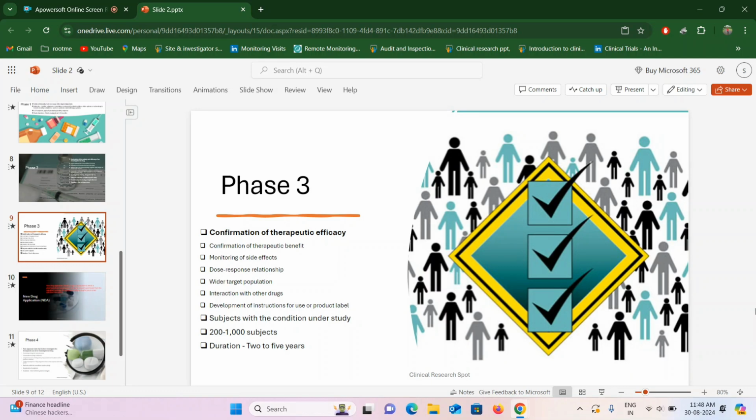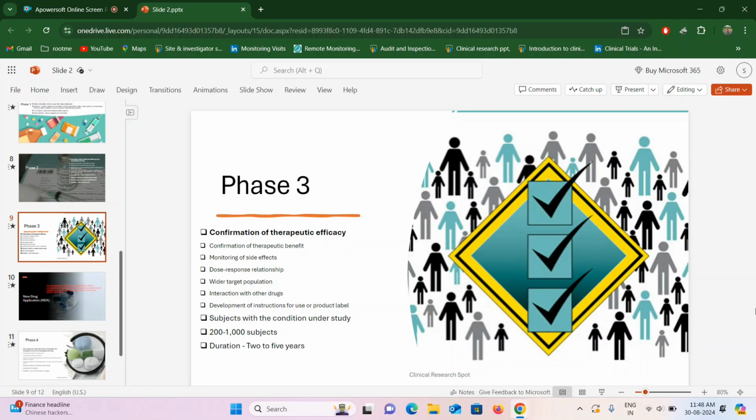So the study drug and the currently available treatment are compared in the phase 3 trial, to evaluate how the new medication works in comparison with the existing medication for the same condition. Whether the new product is good compared to the previous product needs to be confirmed.